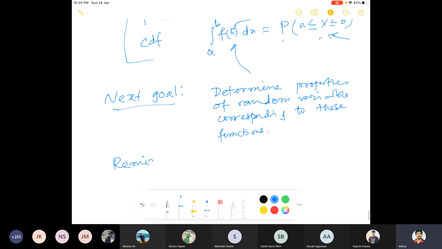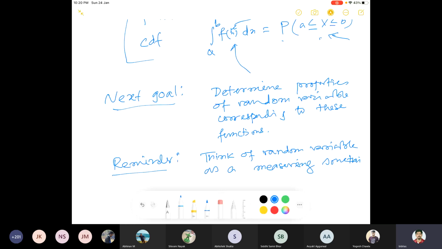And the reminder here is how to think of a random variable. Think of a random variable as a measured value, as measuring something. So the random variable takes that particular value.